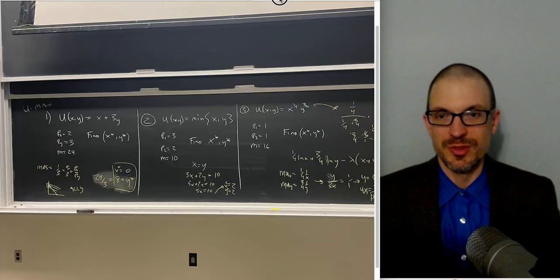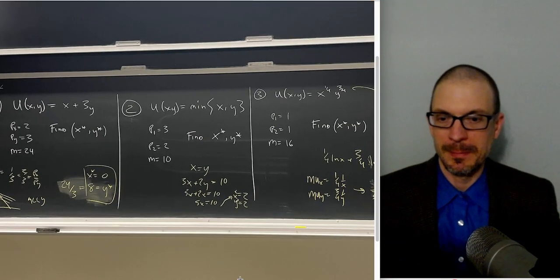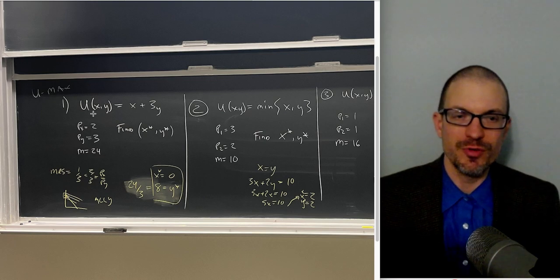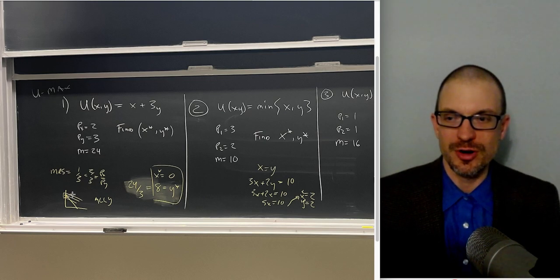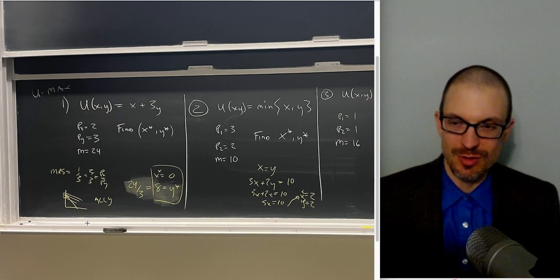All right, so here's the board solution, reinforcing what I'm saying. Here would be the picture you'd want to draw. When you have a perfect substitutes problem, you always want to think in terms of the picture. You either have this picture where the solution is on the y-axis, or the opposite where the indifference curves are really steep and the solution is down here, or maybe you have a continuum of solutions.